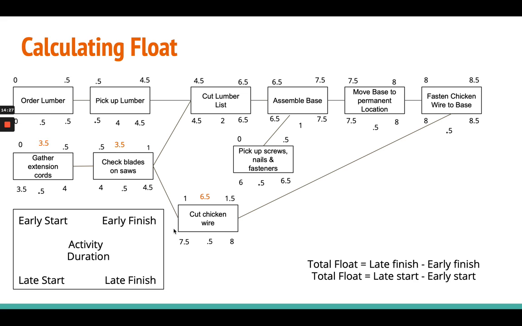You don't have to have your chicken wire cut until day 7.5 at the latest. You don't have to have the blades checked on your saws until day 4 at the very latest. So you have 3.5 days play for these activities, 6.5 for this one.